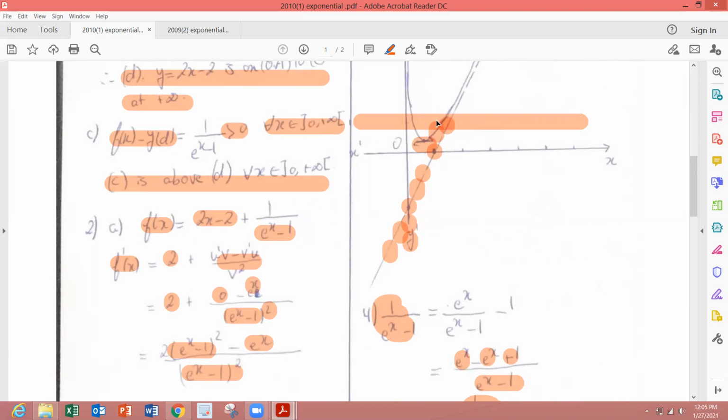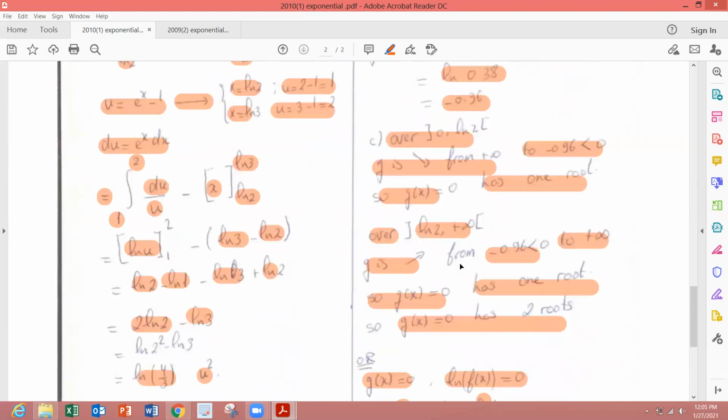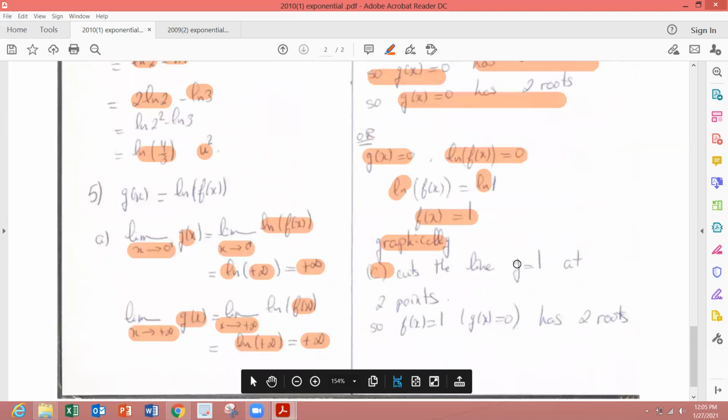Two. So f x equal 1 has two roots, so g x equal to 0 has two roots. Graphically, C cuts the line y equal 1 at two points.